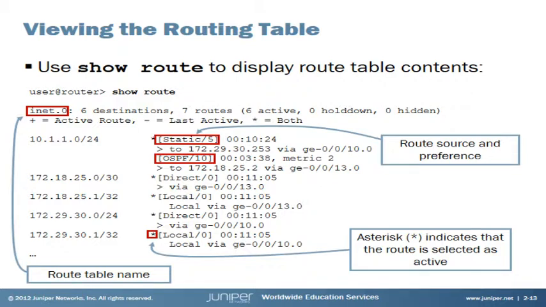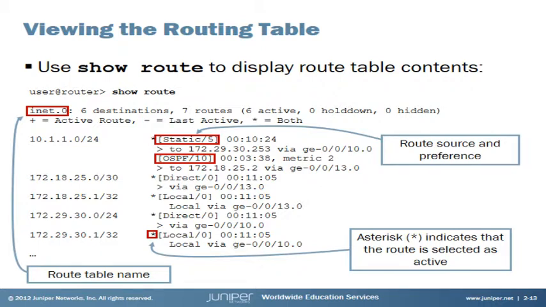So we've got two routes to the same network, but only one of them is going to be the active route, and therefore only one of them is going to arrive in the forwarding table. Only the active route arrives in the forwarding table. We can do a show route and see all the routes that are there, and also see which routes are active.